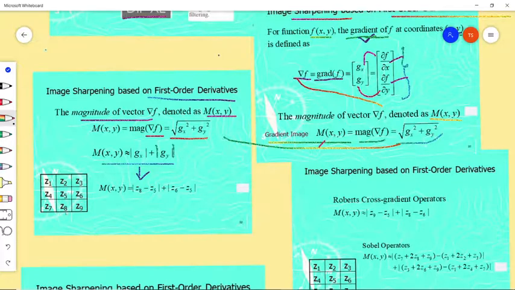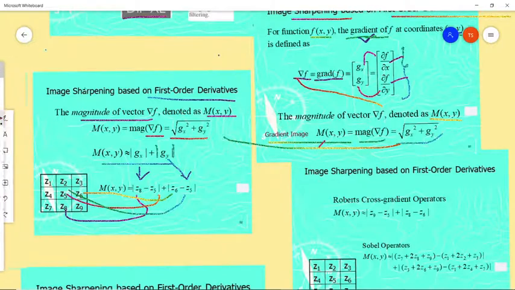Here it is defined as Z8 minus Z5 is the g of x, which is added with Z6 minus Z5, which is the g of y. Each is subtracted with the center point. Okay, remember this.